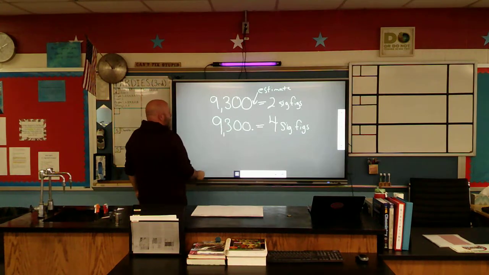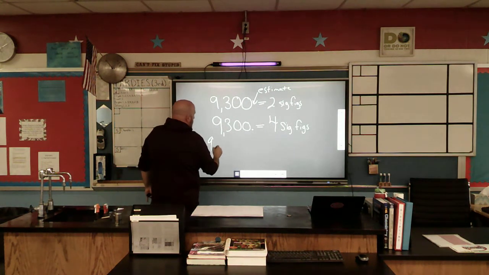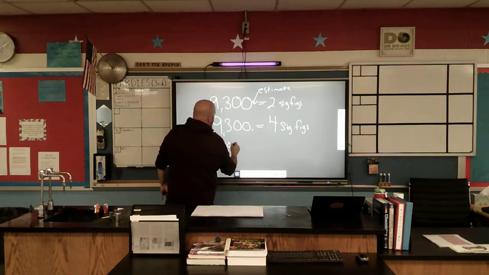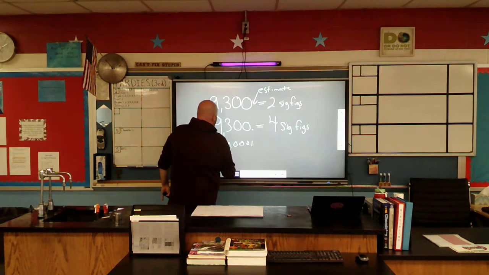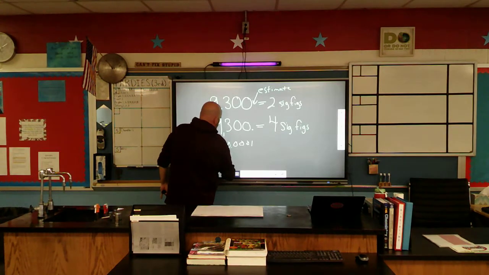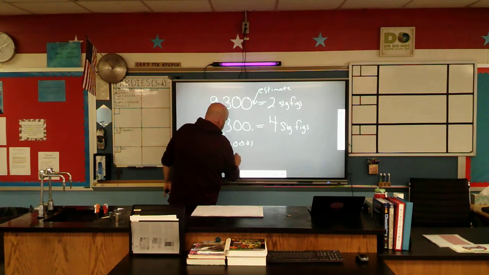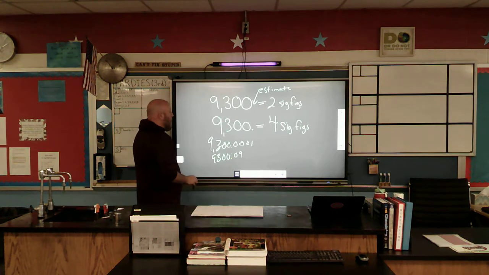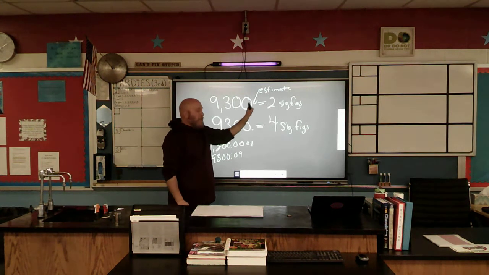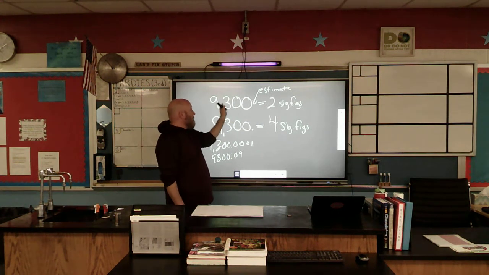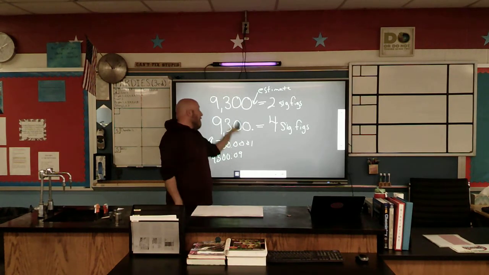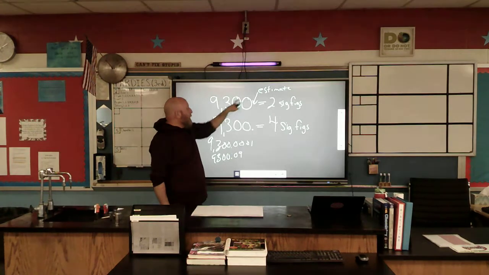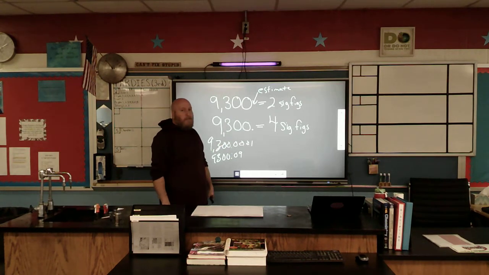It could be 9,300 exactly, it could technically be 9,300.0001, or 9,300.09 or whatever. It actually could be 9,299 for all we know. It's an estimated number, so this is not nearly as accurate as putting that decimal point there.